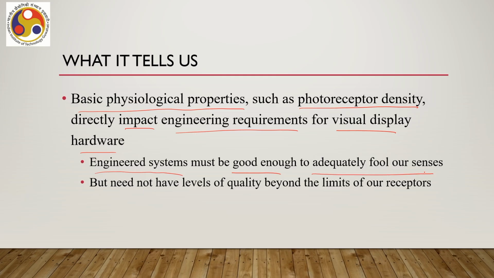Our brain perceives in a way that has been learned over generations. When we are trying to perceive things differently, that engineered system must be good enough to fool our natural way of perception, but need not have levels of quality beyond the limits of our receptors. So, we should know how much our brain, our system, our body can process and how much it cannot. Accordingly we should design the system.